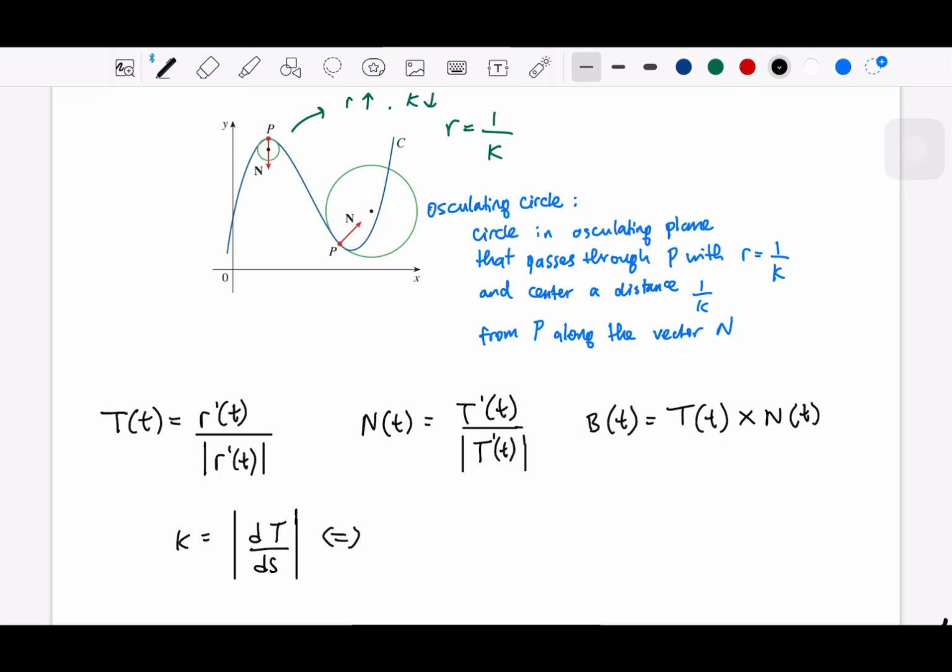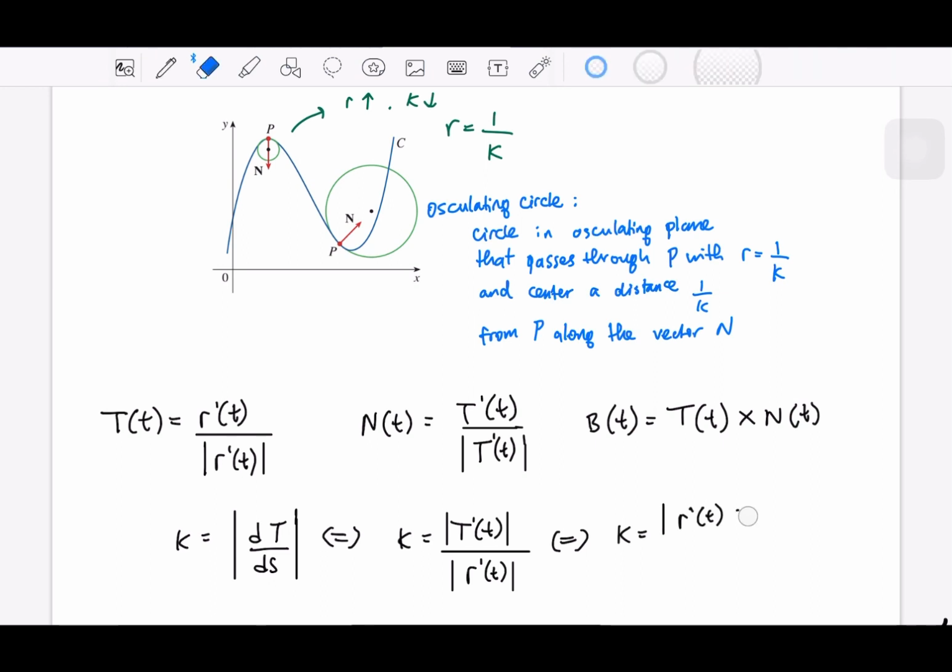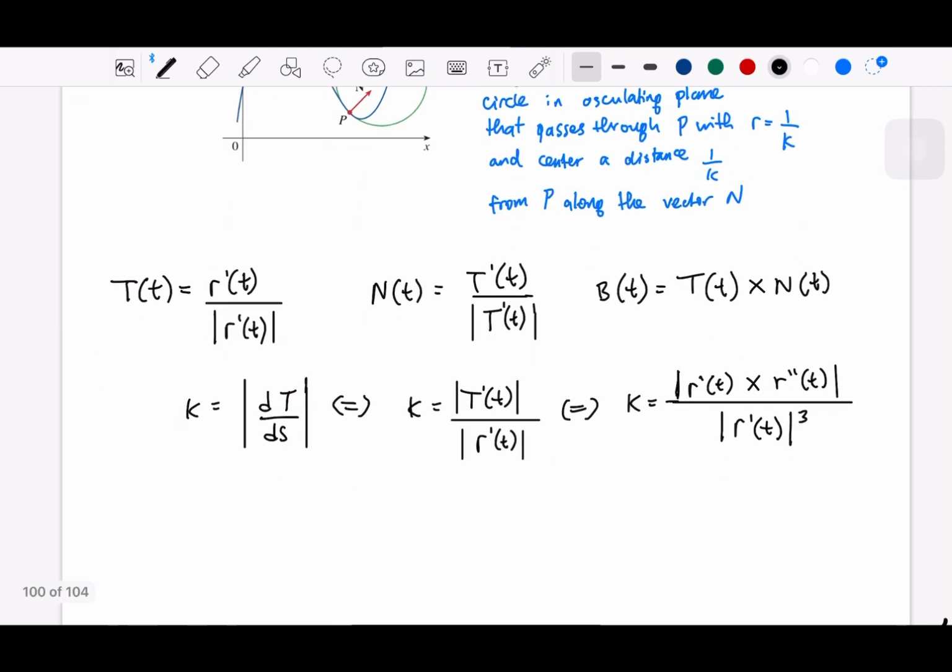And then we can rewrite this, and we can also rewrite this in terms of cross product r prime cross r double prime, and then divide by the magnitude with power of 3. So far this is what we have.